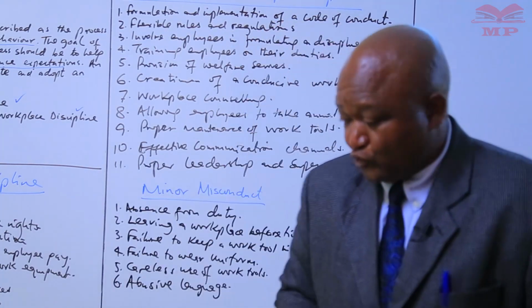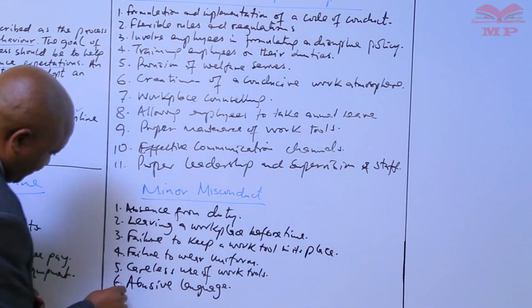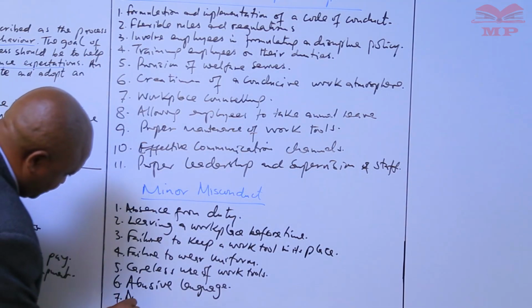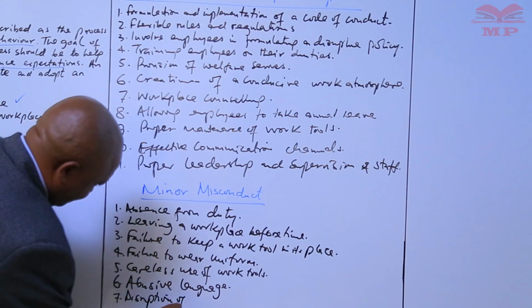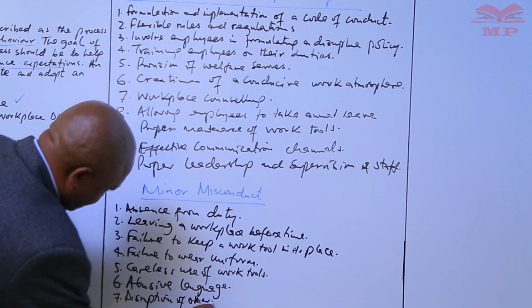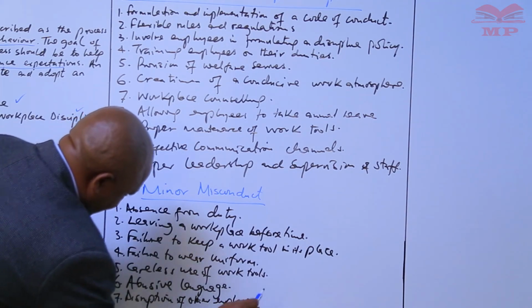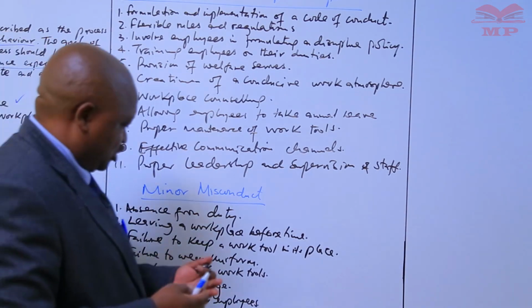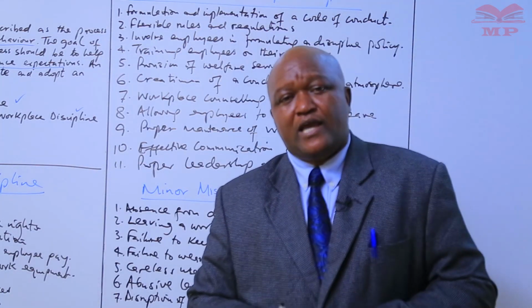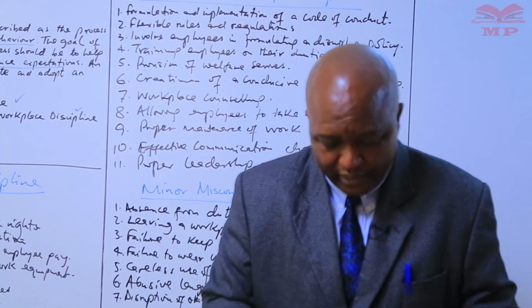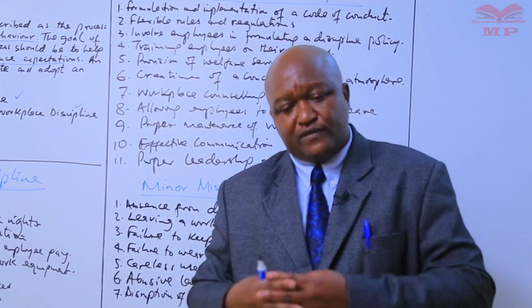The worker may also cause disruption of other employees. If an employee disrupts other employees, that could be construed to be a minor misconduct in a work environment. Employees could be working, and then this particular employee does not give them time.